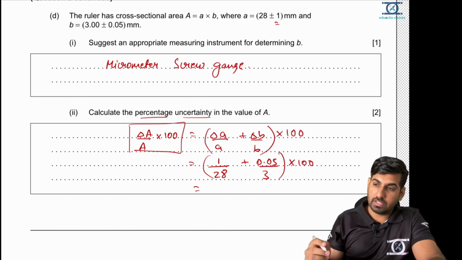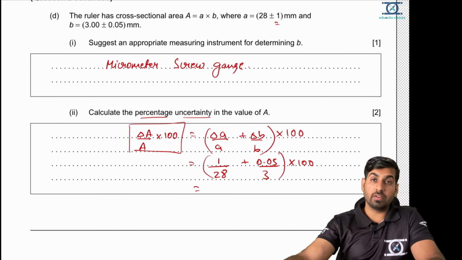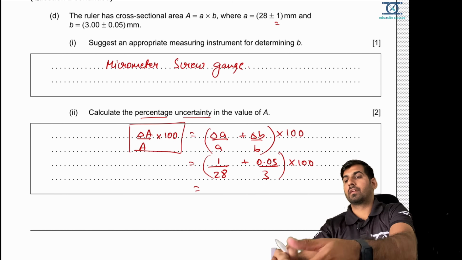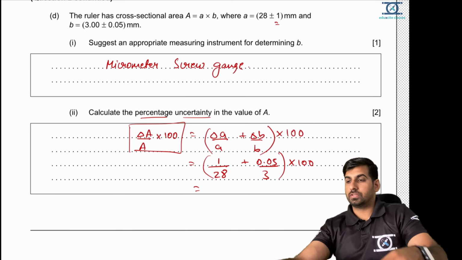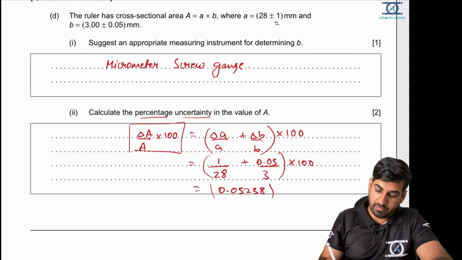So when you solve this, you will get the value. You can solve this in your calculator. I have already solved it. So this will come to something around 0.05238 times 100.